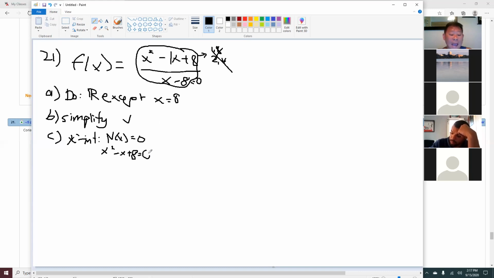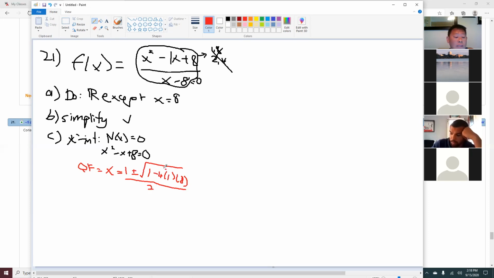And we know this cannot be factored because we tried, but it's not working. If it's not working, then we have to use the quadratic formula. So negative b, which is 1, plus or minus the square root of b squared, which is 1, minus 4 times a, which is 1, times c, which is 8, all over 2a.